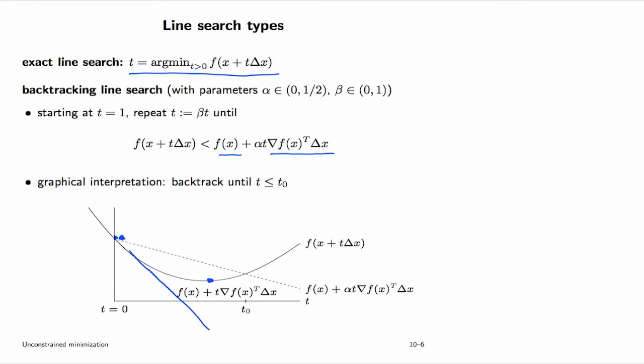So that's the idea. Now, when you look at this, here's going to be the first surprise. You would say, whoa, the exact line search has got to be way better, because a typical parameter value for beta is a half. So the only step lengths you ever take are one, half, quarter, eighth.